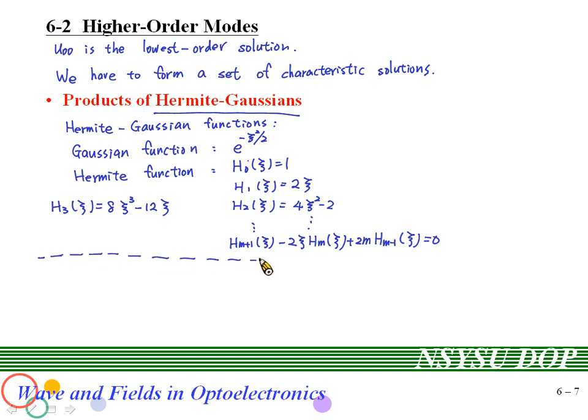Since we have learned the form of the Gaussian function and the Hermite function, what will be the Hermite-Gaussian function? We will have the 1D Hermite-Gaussian function. It can be expressed as this.